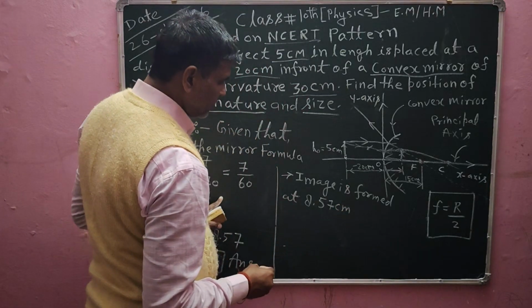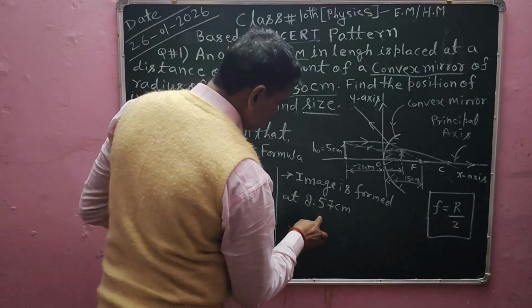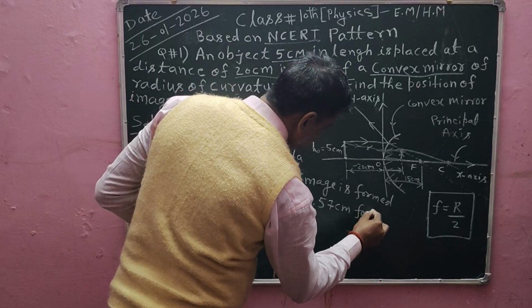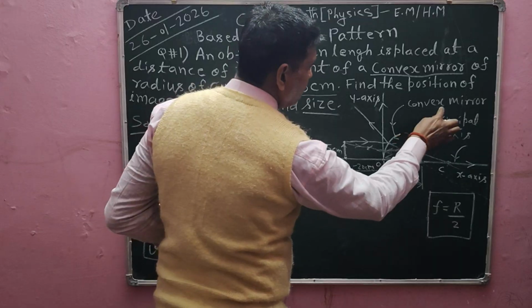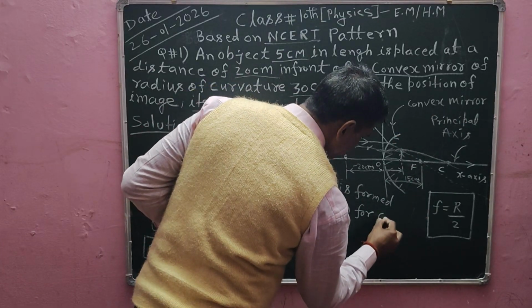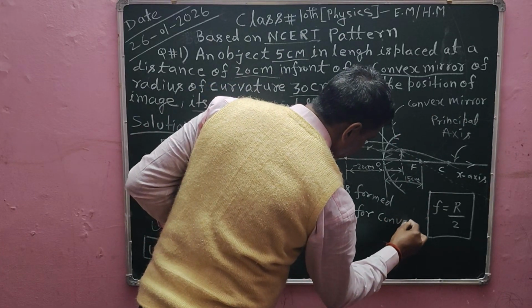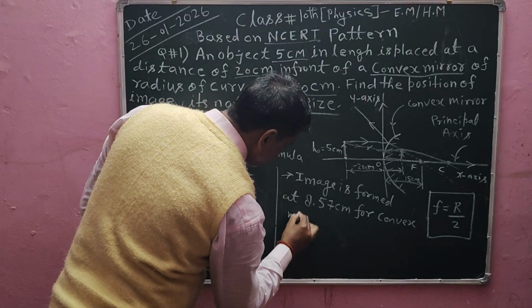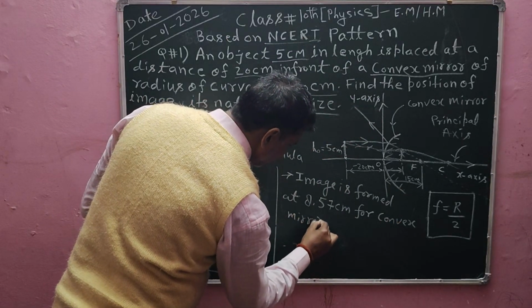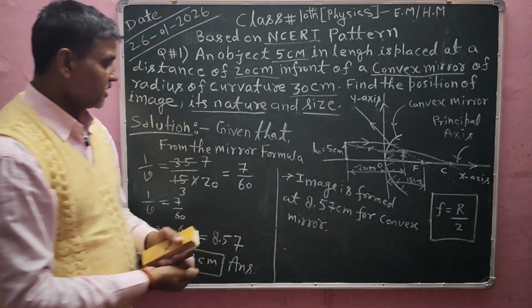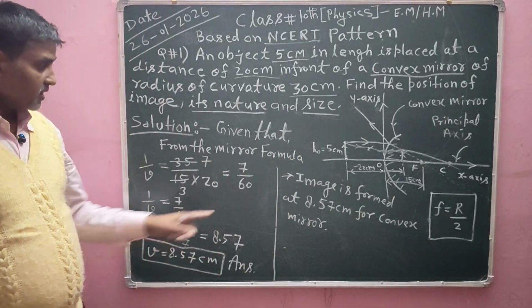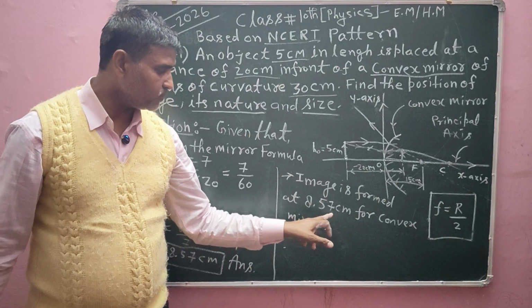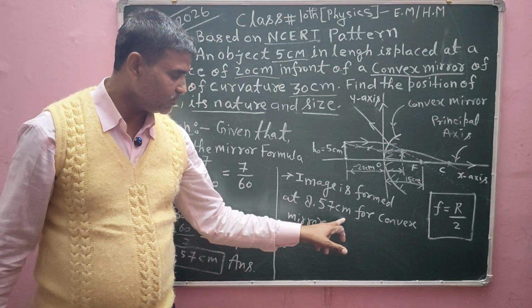Image is formed at 8.5 centimeter from convex mirror. From convex mirror. Okay, this is very important. Here image is formed at 8.75 centimeter.